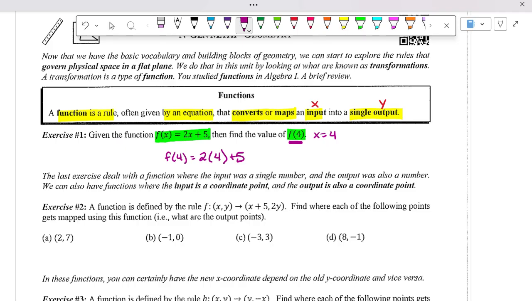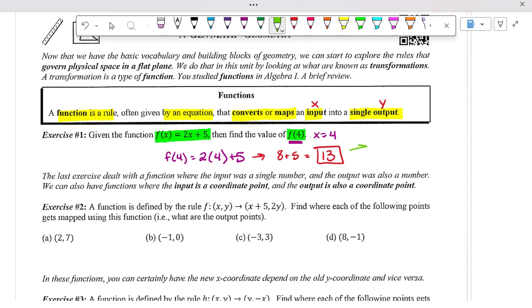Multiplication. If you ever see a single number around parentheses, it just dictates multiplication. So I do the multiplication first. What's 2 times 4? 8. And then I add it, so plus 5, 13. So f of 4 is 13.